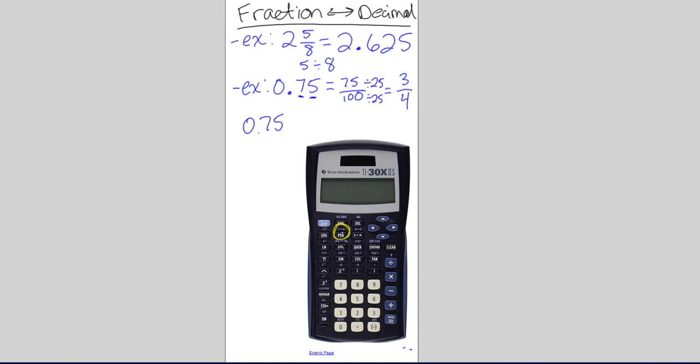Now see how the F to D is light blue. So if you remember, we have to hit the second button first, and then we hit PRB, because the F to D is above there. And then when I hit enter, it's going to read out something like 3/4. It's going to look like that.